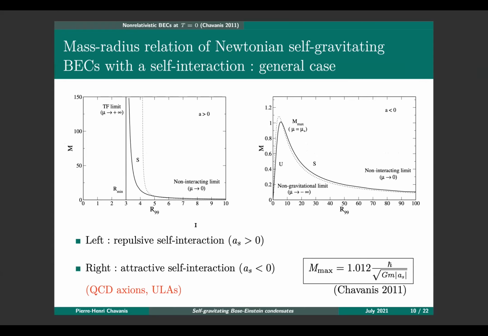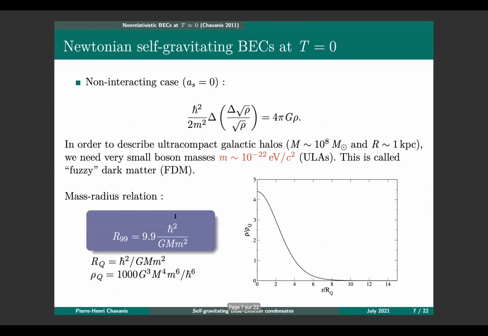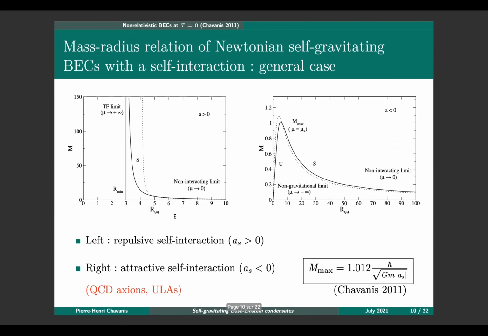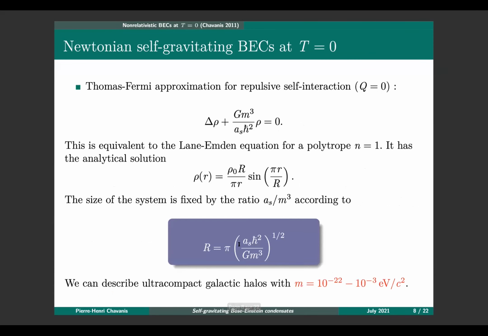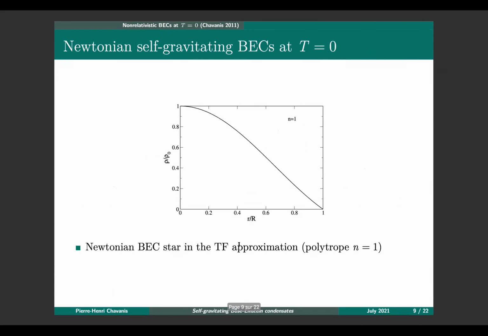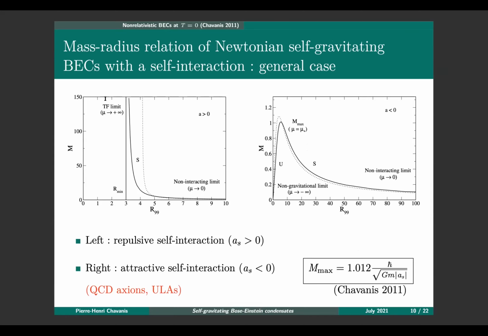So in the limit of small mass and large radii, we are in the non-interacting limit that I showed previously. And when we increase the mass of the system, the radius tends to a constant value given by this expression showed before, and we are in the Thomas-Fermi limit. And here we have an equilibrium state for any value of the mass.